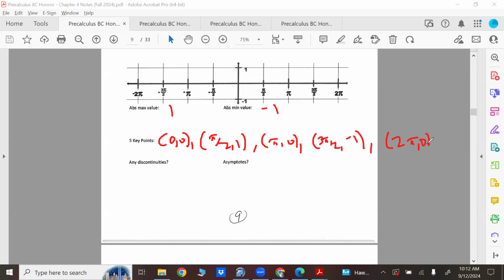So it goes middle, high, middle, low, middle. Actually, what the heck? I'll write that down as well. Middle, high, middle, low, middle.